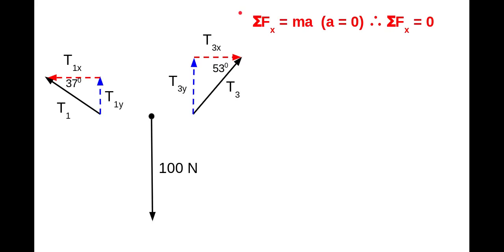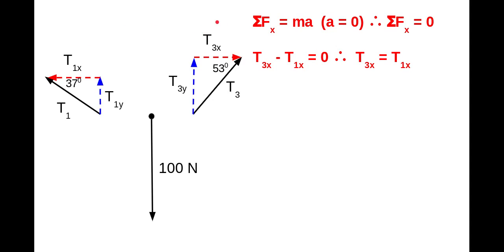All right, I'm just going to move these to the left so that we can start writing some equations. The first equation is going to be the sum of the forces in the x direction equals ma. This is just applying Newton's second law. Now, this is a case of static equilibrium, so the net force is zero because there is no acceleration. The forces that we have in the x direction are T3x and T1x.